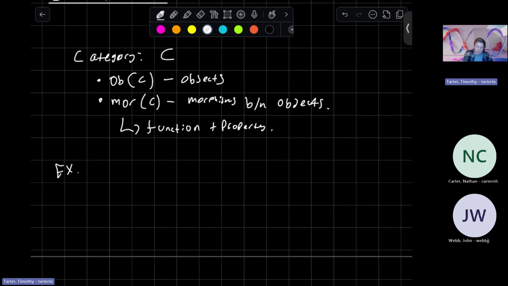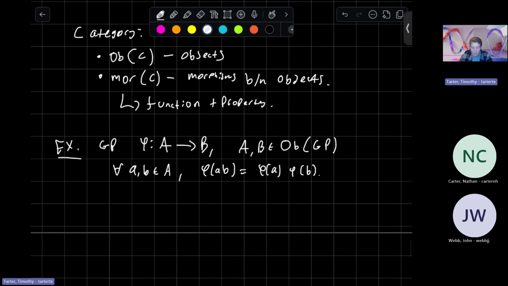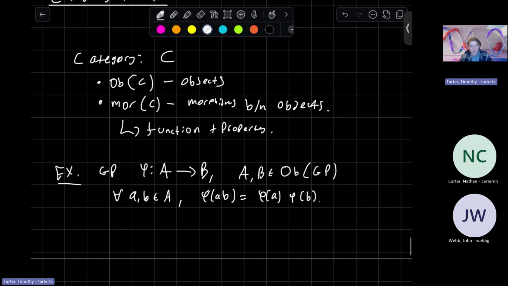For example, a group homomorphism: if phi is from A to B, where A and B are group objects, then for all a and b in A, phi of ab is equal to phi of a times phi of b. So this is an example of a morphism property that we require.